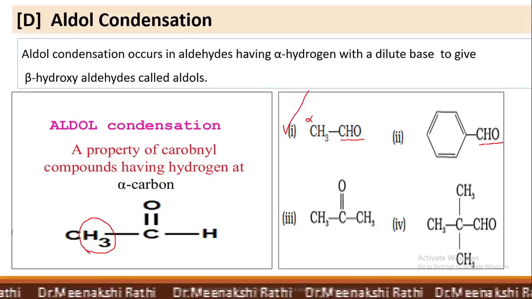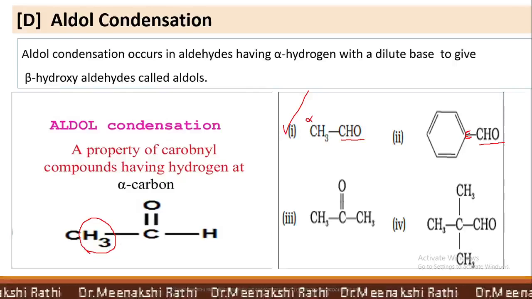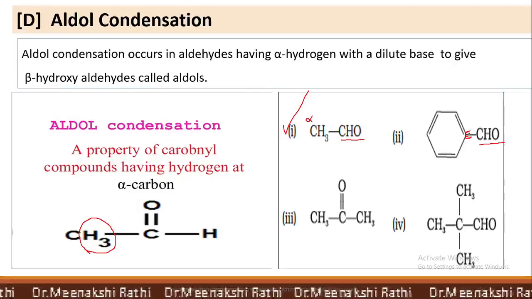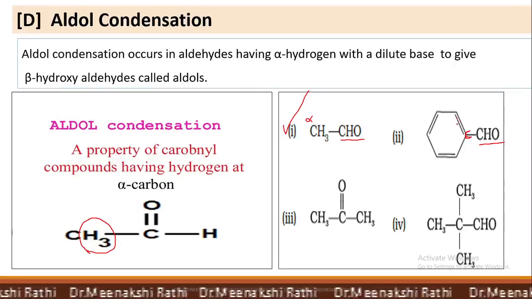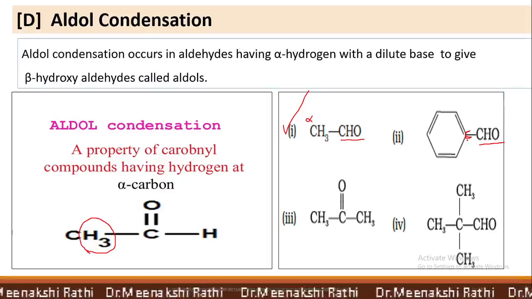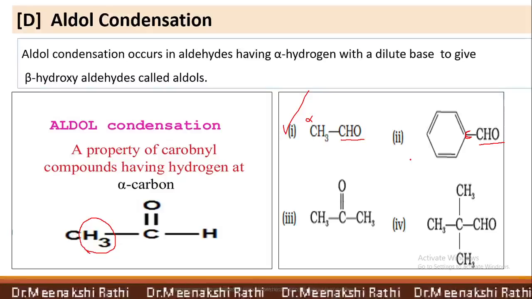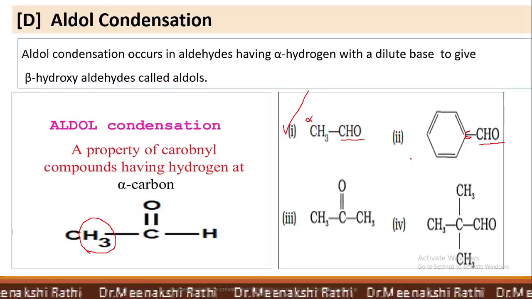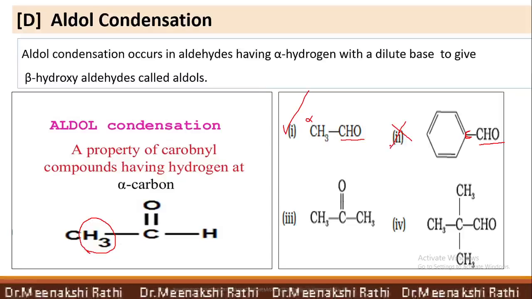In benzaldehyde, this is the CHO group, this is the alpha carbon, and to this alpha carbon no alpha hydrogen atoms are attached. You can see here, all 4 valencies of the alpha carbon are satisfied with carbon atoms. No hydrogen atom is attached. So as benzaldehyde has no alpha hydrogen atom, it cannot undergo aldol condensation.